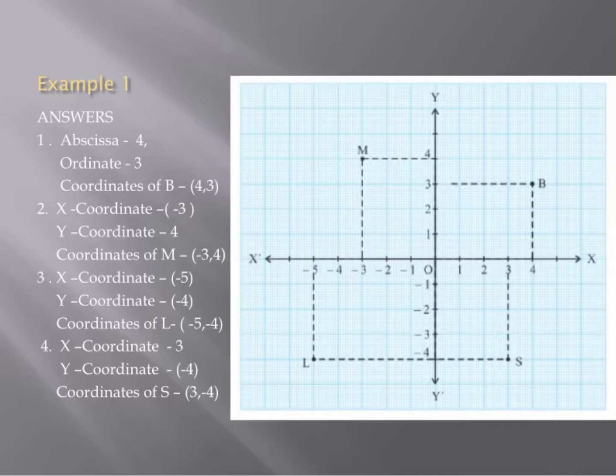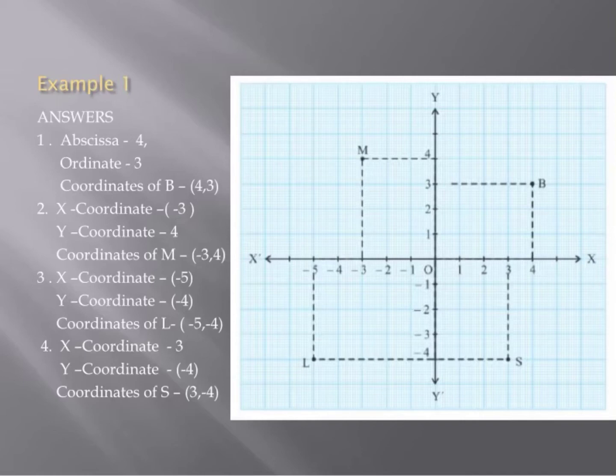In the second statement, we are asked to find x coordinate, y coordinate and coordinates of point M. So here in the figure you can see that x coordinate of point M is -3, y coordinate of point M is 4. And so the coordinates of point M are (-3, 4), which is represented by ordered pair (-3, 4).